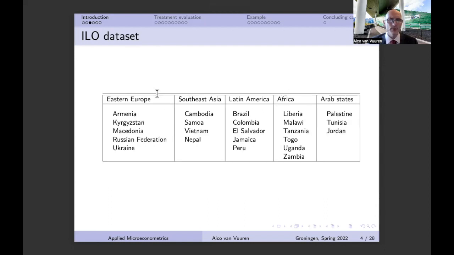They're actually spread around the whole world. We have Eastern Europe, Southeast Asia, Latin America, Africa, and the Arab states. Most of these countries are quite well known, of course, especially if you think about Russia. But there are also some of them that I at least do not know that much about, Kyrgyzstan.